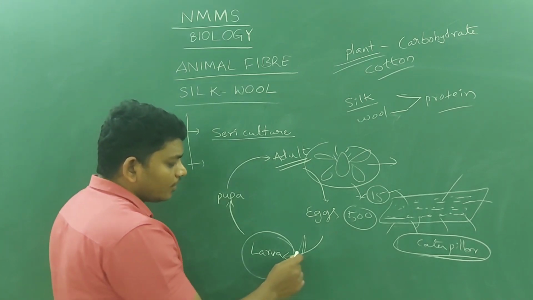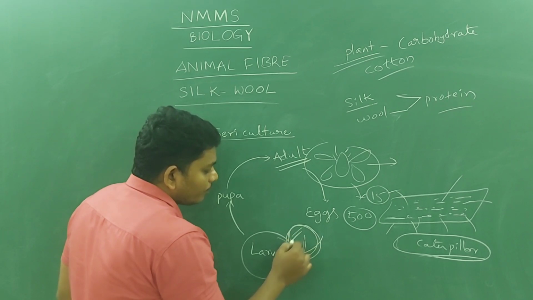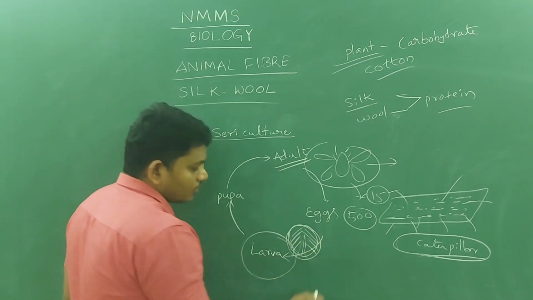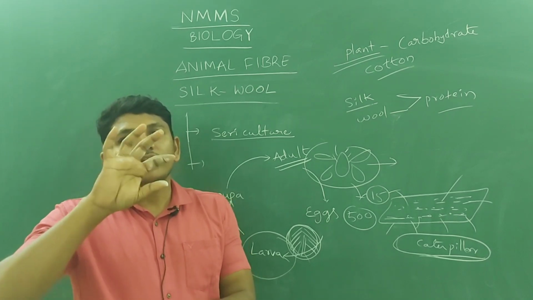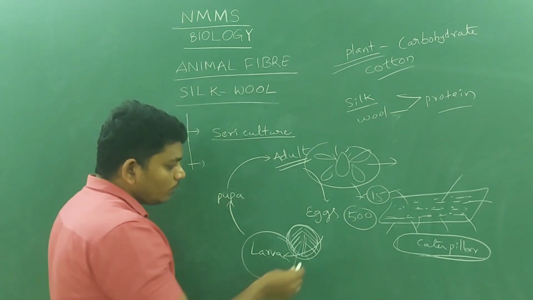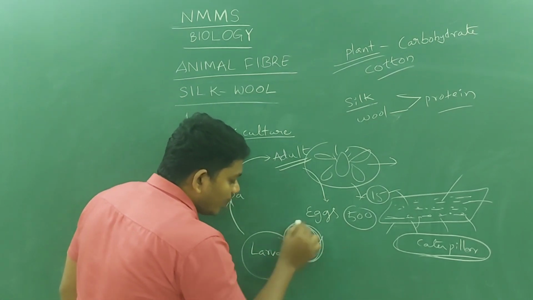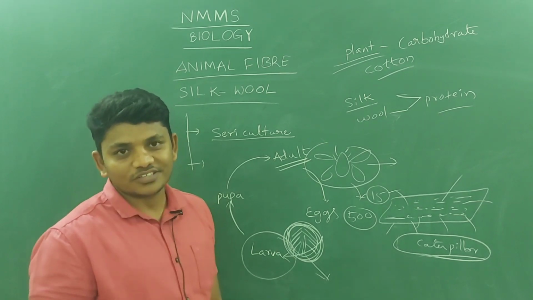Then it will secrete protein material in a web-like structure. It will continuously secrete protein material. This protein material will completely close and tie the caterpillar, and look like a ball-like structure, a fruit-like structure.